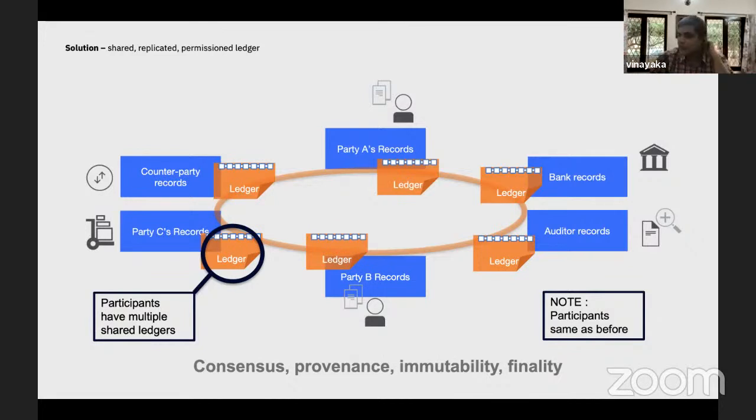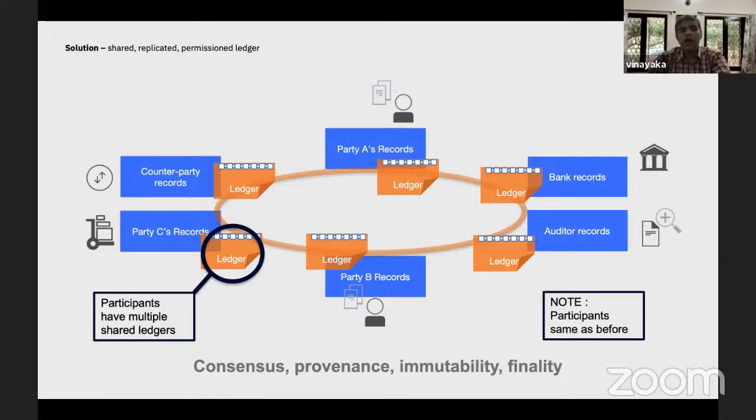But depending on the application domain, you will have a different set of parties. They need to maintain a ledger, and they desire that they're not placing trust in one particular party to run this network. Everything happens through consensus. There is provenance of everything that happens in the network so that you can recall what happened in the past. Immutability, meaning once there is something on the ledger, it is there for good. You don't take it back.